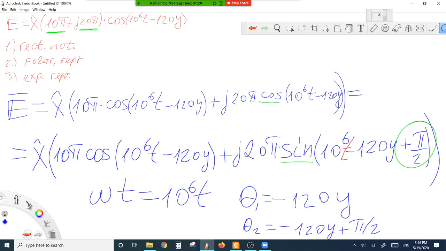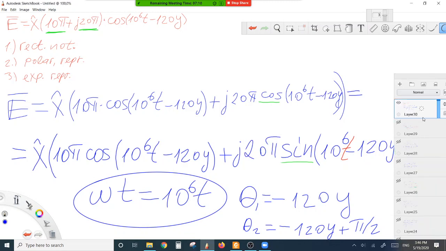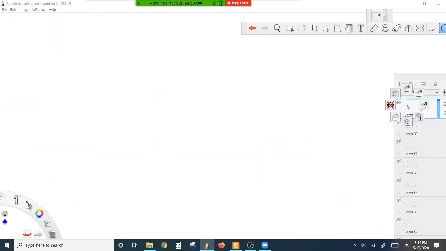And if we remove the term omega t from our phasor, it will have the form.